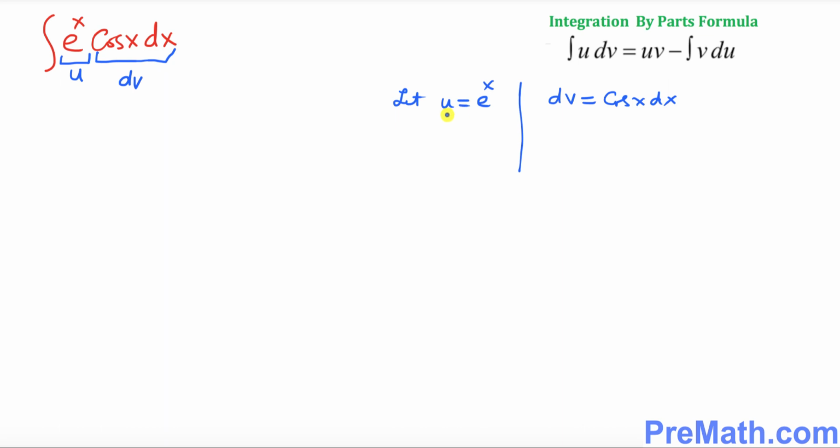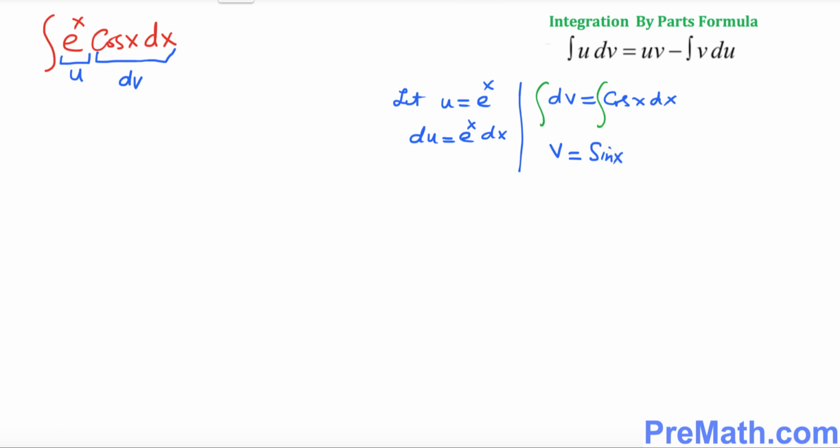Then let's take the derivative on both sides. So du equals e power x dx. And over here we want to find v. Let's take the integral on both sides. The d and the integral undo each other. We end up with simply v equal to the integral of cosine, which is simply sine of x.